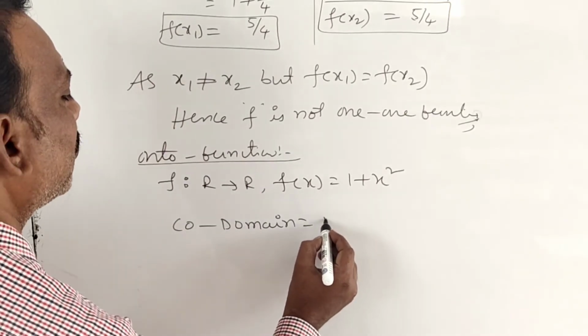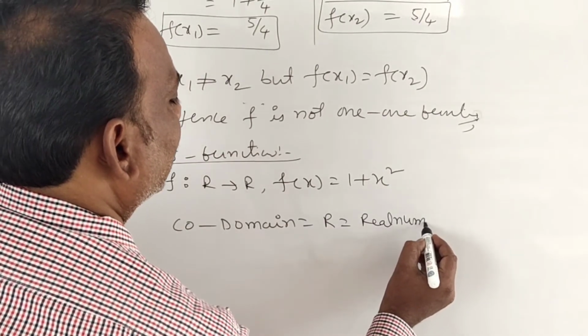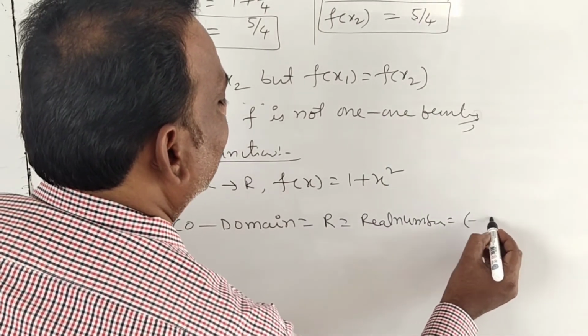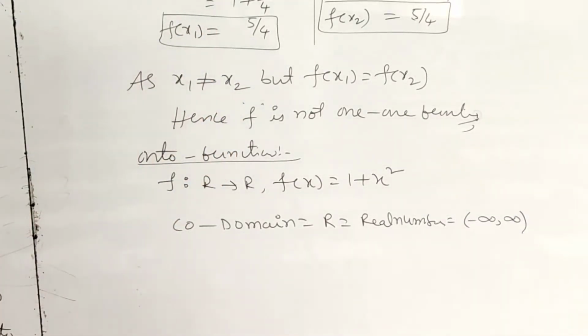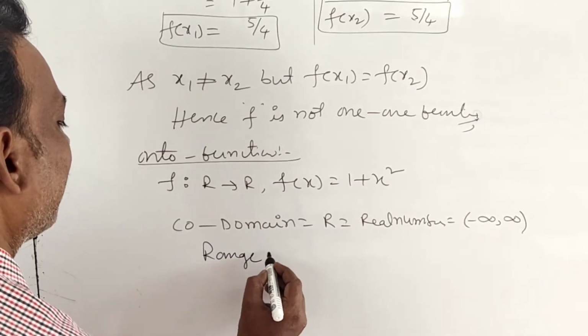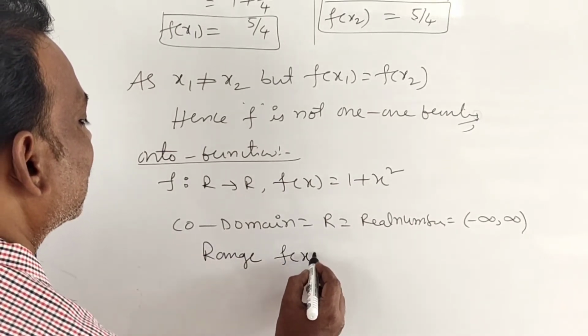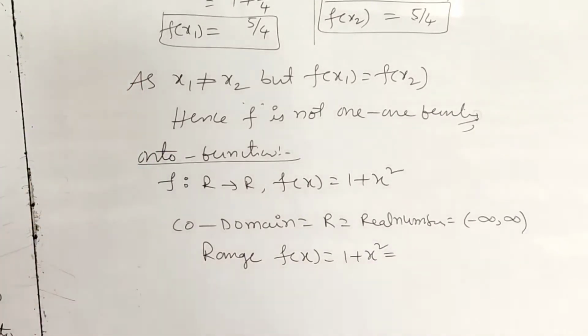Codomain is equal to all real numbers. All real numbers means we can write mathematically -infinity to +infinity. Correct or not? What is the range? Range of this function, range of f of x always. What is f of x? 1 plus x square.